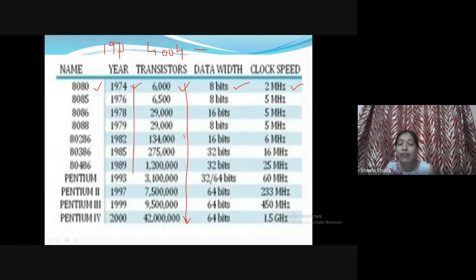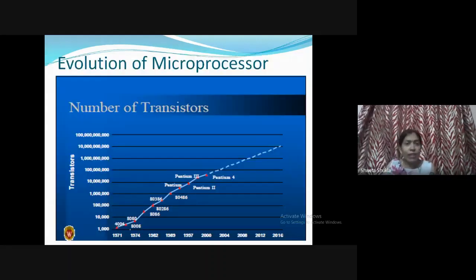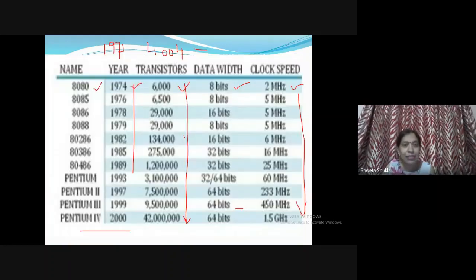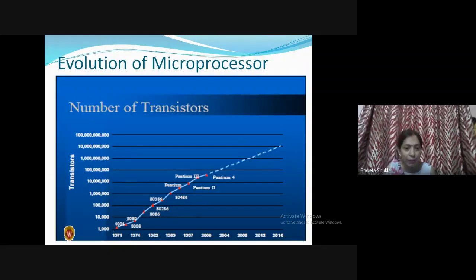This is how the number of transistors is increasing, and as it increases, the speed also increases and the processing time is reduced very much. The Pentium 4 came in the year 2000, and there are many more microprocessors working nowadays. You can check the number of transistors in this chart.